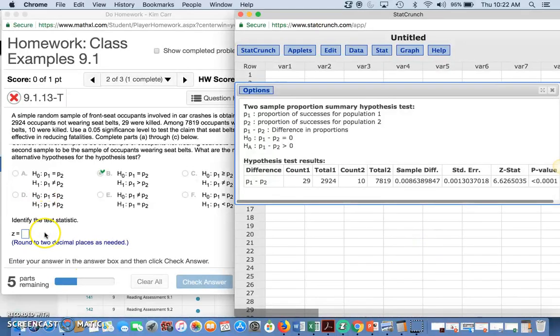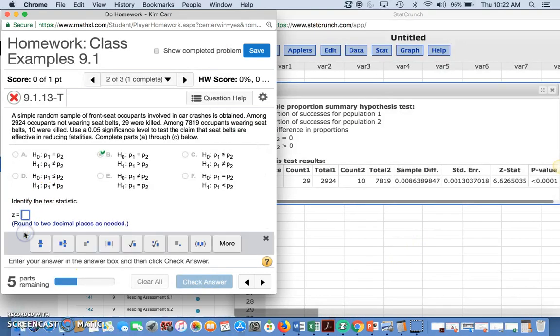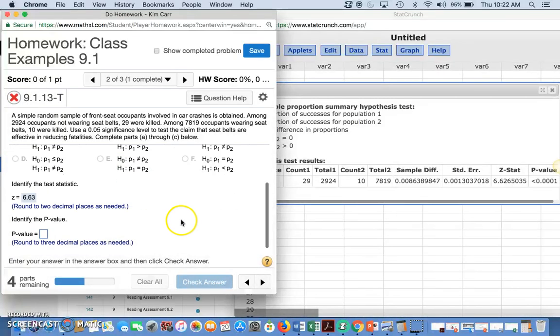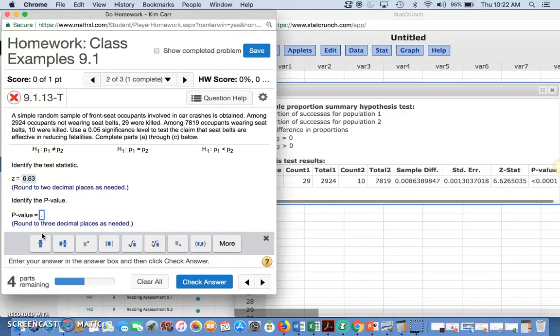Okay, our Z to 2 decimal places is 6.63. Okay, the p-value to 3 decimal places is simply zeros, because it says it's less than that.